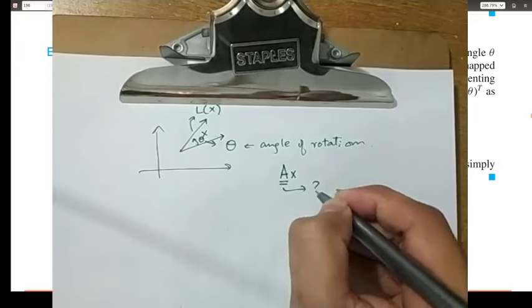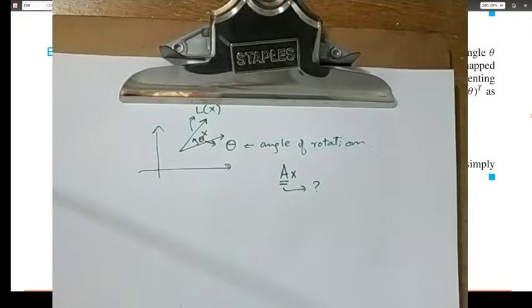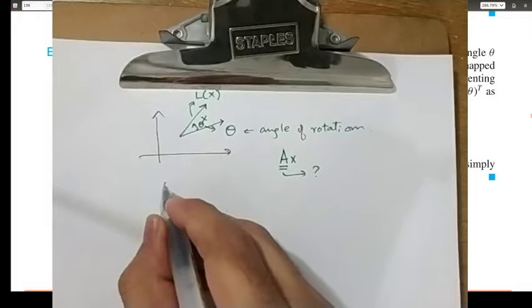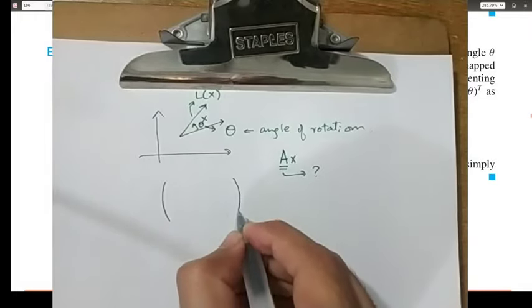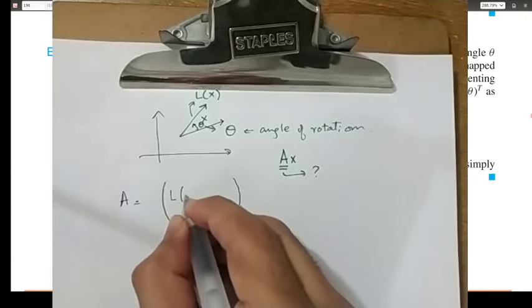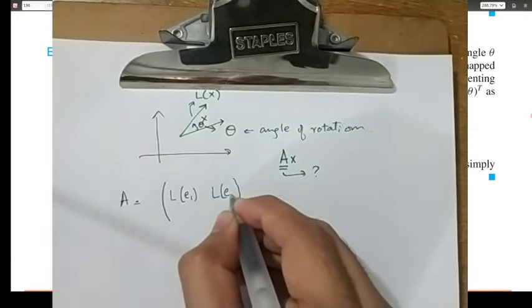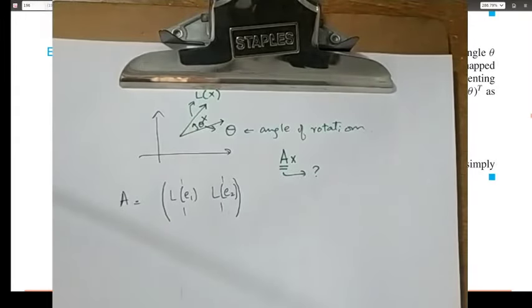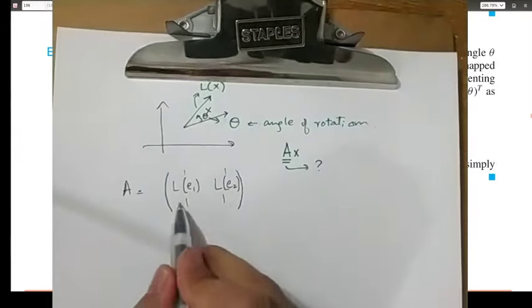What's A here? Of course, you can use the theorem, and if you use the theorem, you know that A is nothing but what happens to the standard basis vectors. So A is simply L of e1 and L of e2. These are the two columns that you need to find. Why two columns?